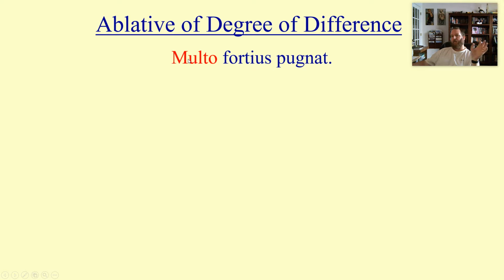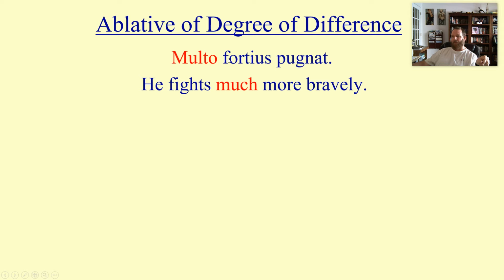Now the multo tells us how much more bravely. He fights much more bravely. So if you see multo and it's next to a comparative adjective or adverb, it's probably this construction. It's probably meaning much more bravely, much bigger, much nicer, much more quickly, whatever the adjective or adverb would be. But if it's used with comparatives, that's what we're talking about.